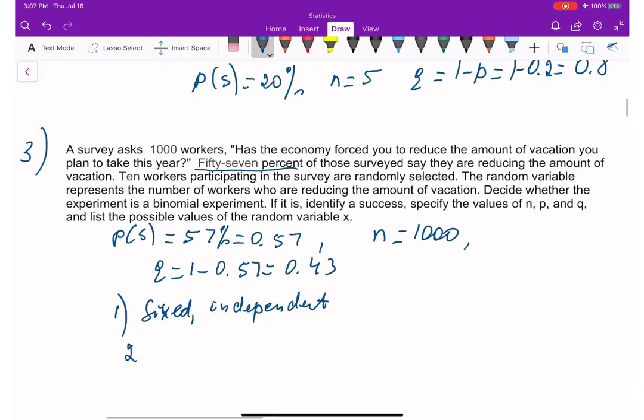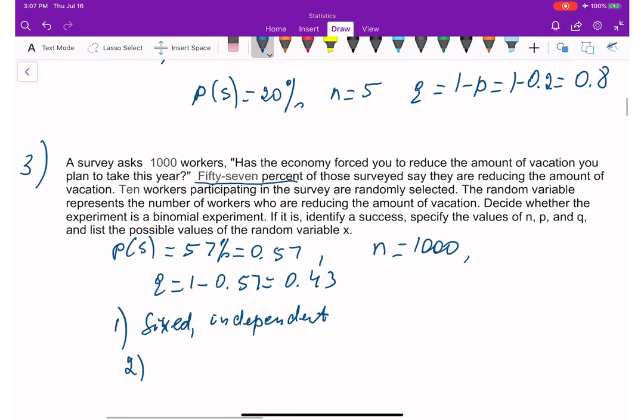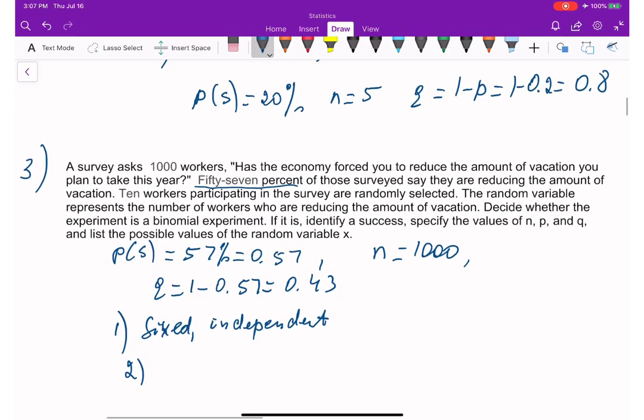Number two, how many possible outcomes do we have here? The workers that are reducing the amount of vacation and workers that are not reducing the amount of vacation. So it's a yes or no question, correct? So we have probability of success and we have probability of failure.